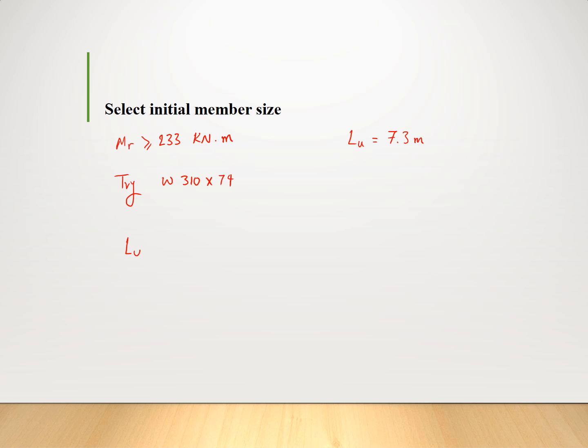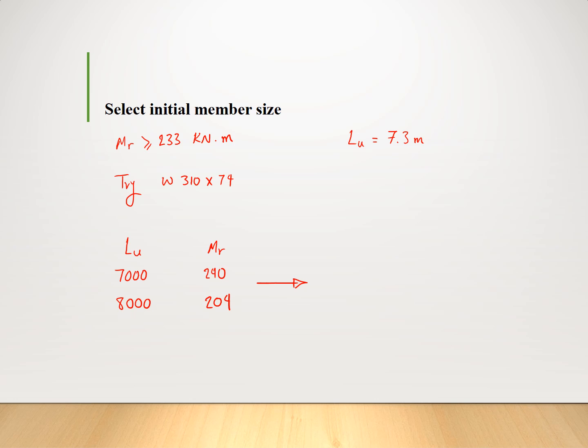This W section, if you look at the table, for LU equal to 7,000 millimeters, you will have the resisting moment 240, and for LU equal to 8,000, you will have 204.